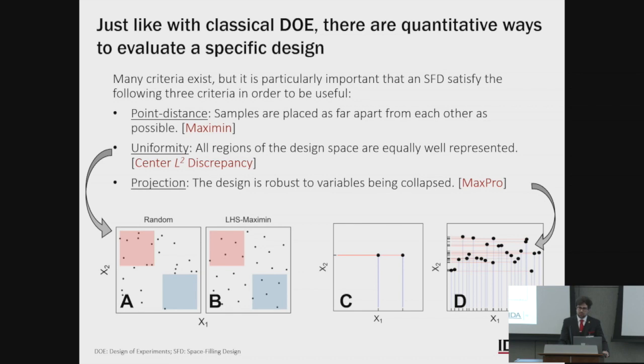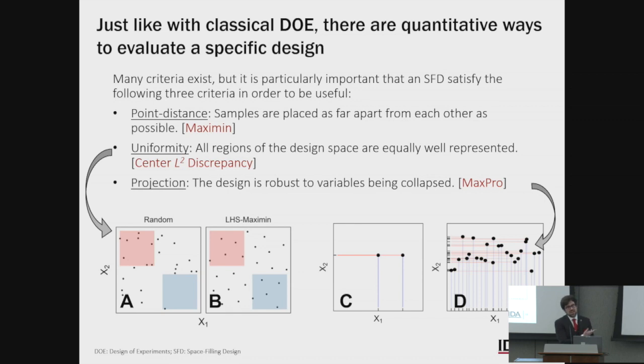And then there's a third group of criteria called projection, which is speaking to the idea that a design should be robust to dropping variables. So maybe you discover that a variable doesn't matter after you've collected the data, in which case you're largely going to exclude it from your analyses. The question then is, do you still have something that looks space filling even if you drop those variables?